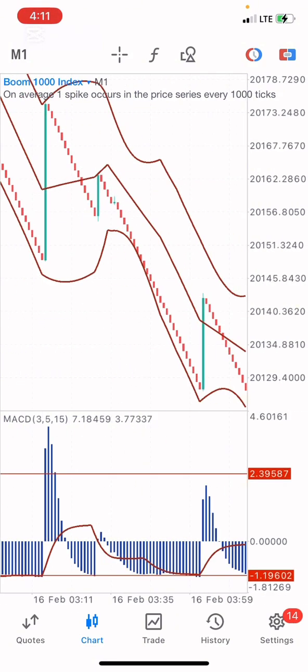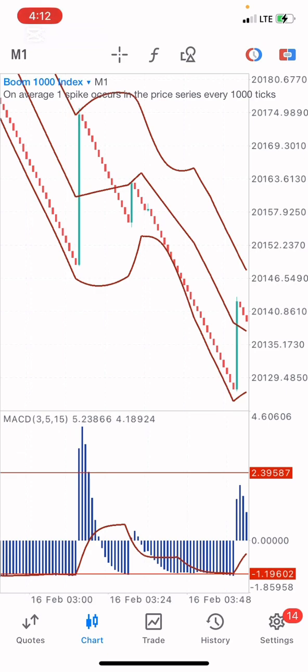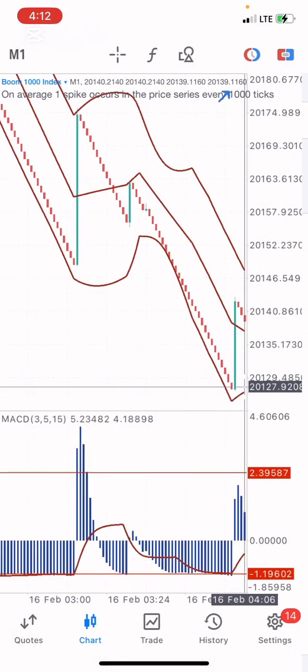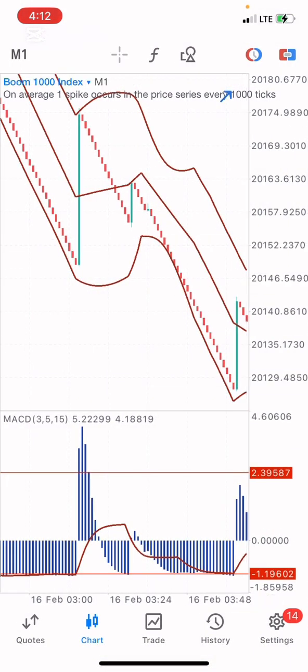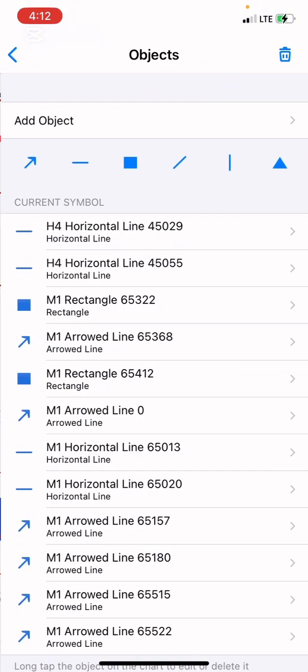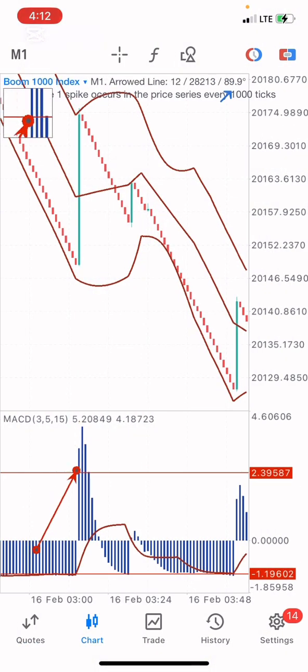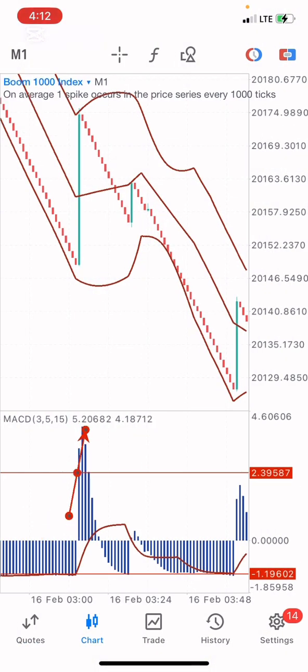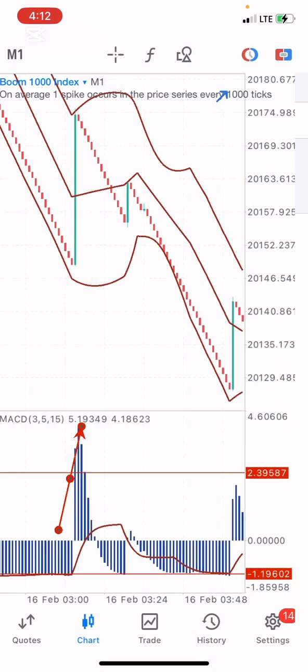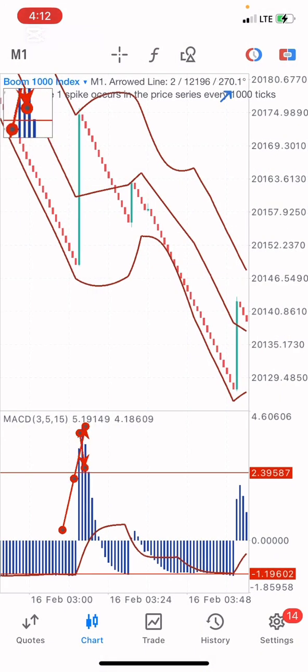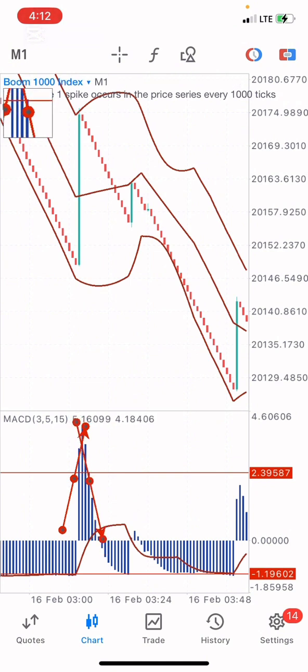This is another one right here. There was this movement into the overbought region, and then there was a drop and a crossing of the signal line and a closing below it.